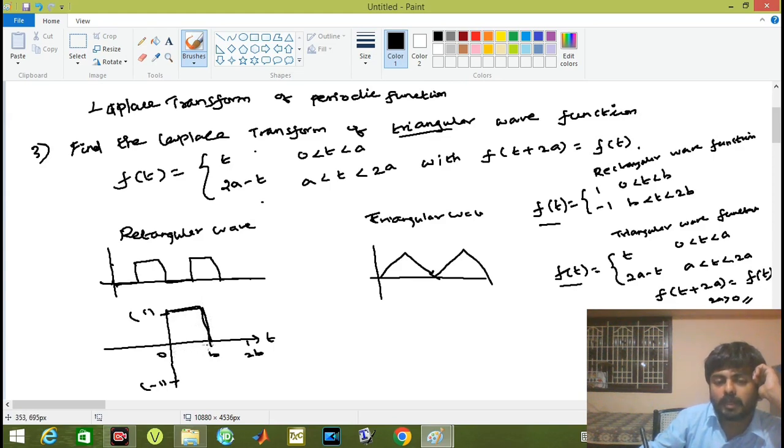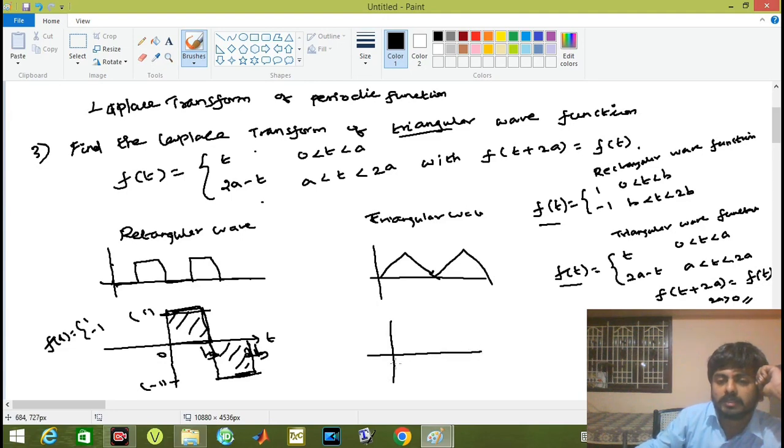And for b to 2b you are having it like this. So I am taking the same thing. See, 0, a and 2a.